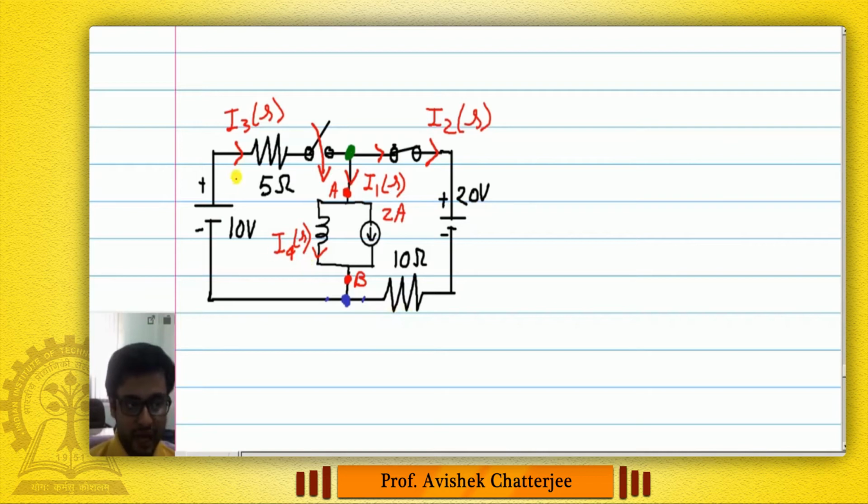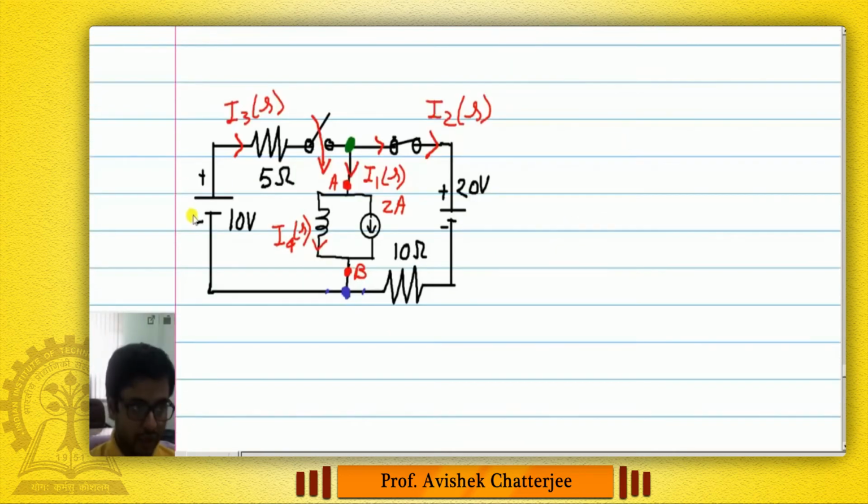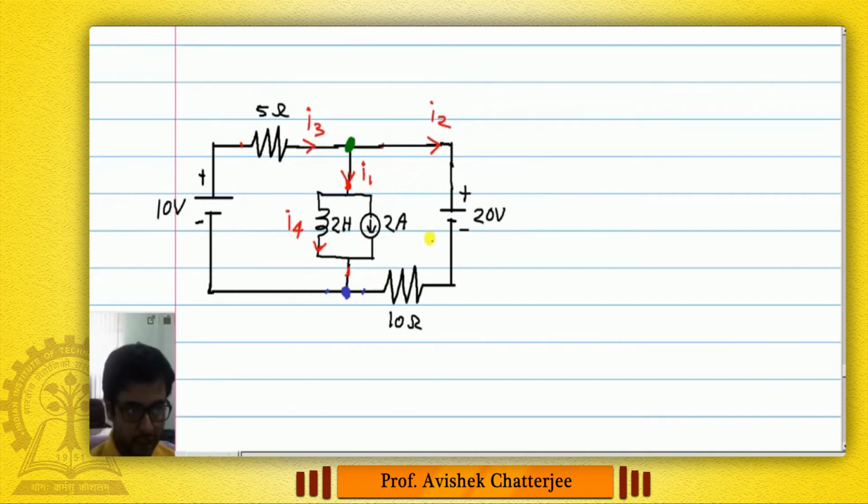Now I will write the relations among the Laplace transforms of different voltages and currents, and then solve for these voltages and currents. Let me make it slightly cleaner. Now it looks a little better. I have removed the switch because anyway it is closed after time 0 and we are interested only after time 0.